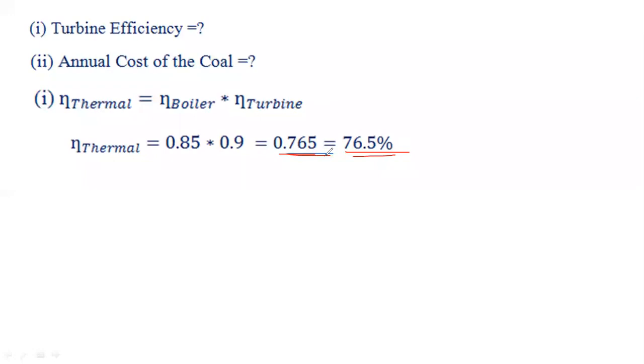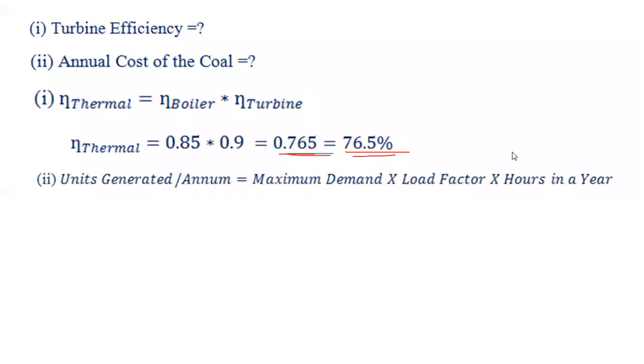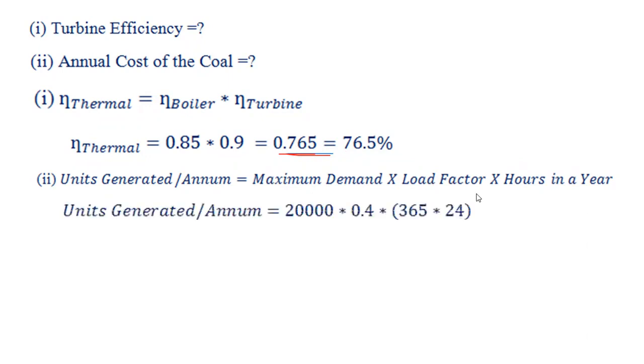76.5%. The second one we want to find out is units generated per annum, that is the maximum demand into load factor into hours in a year. In the problem, the maximum demand is given as 20,000 megawatt and the load factor is 40%, that is 0.4, and hours in a year, that is 365 days, 24 hours.